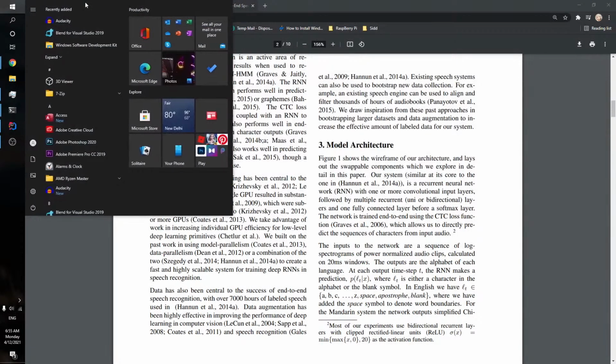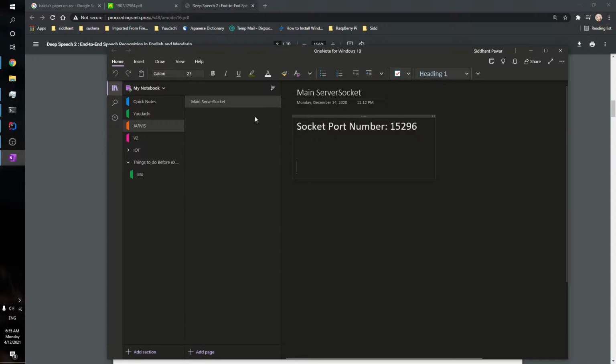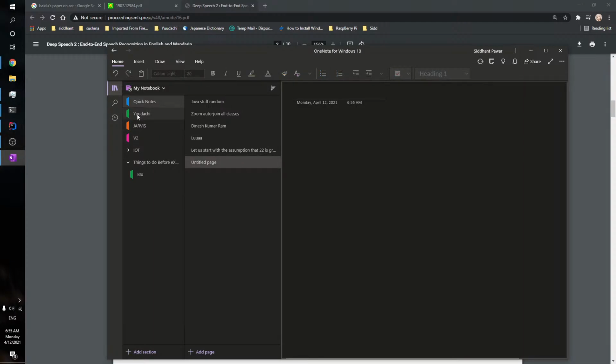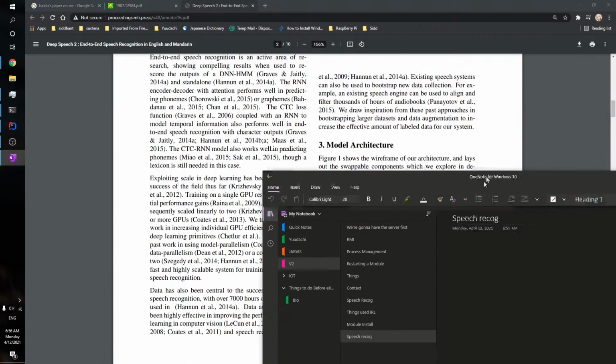So let's fire up a node and see what that actually looks like. Actually, let's do it in video here really quickly. New page.